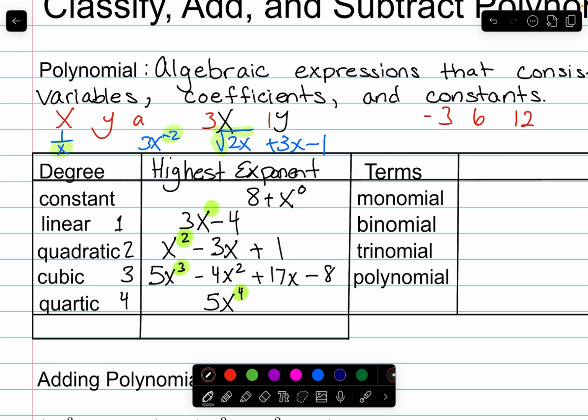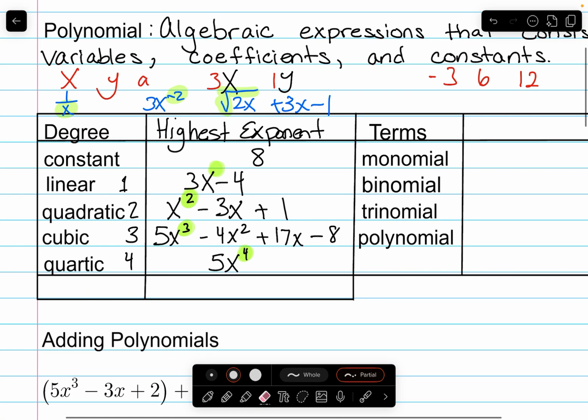The highest exponent would be 0, and anything to the 0 power is 1. So this would go away, and all we'd have left is the number itself. There's no variable around here, and so that's called a constant.